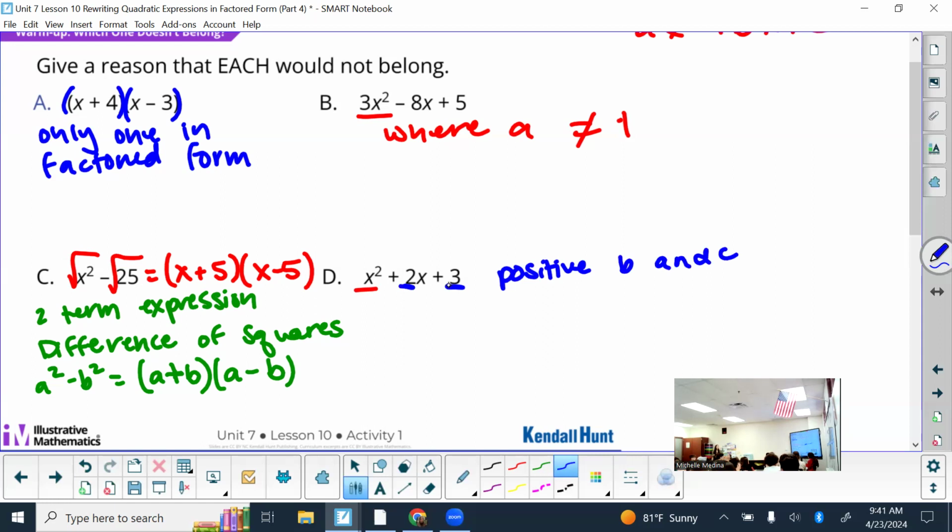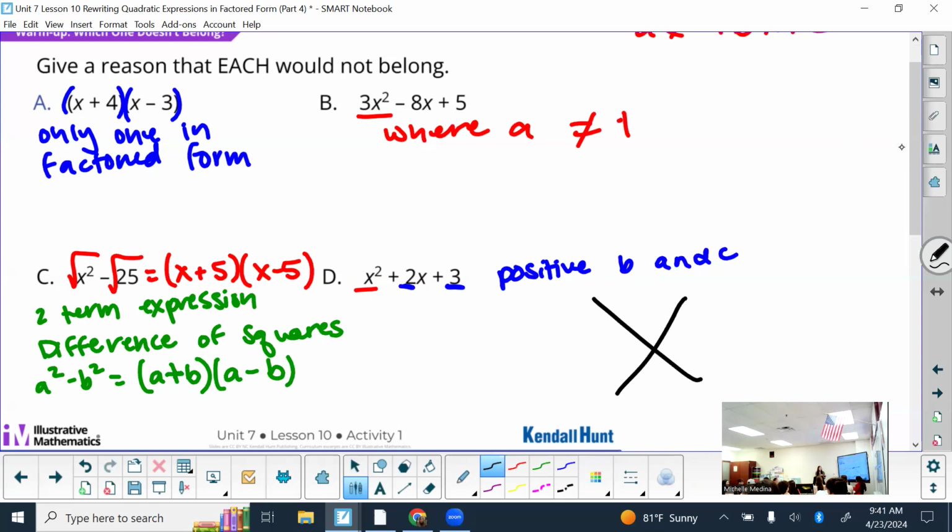There is another reason it doesn't belong, but you might not have seen it unless you actually tried factoring it. So how do we factor when it's a three-term expression like this? What do we usually set up? Good, so the diamond method or AC method, it has lots of names.